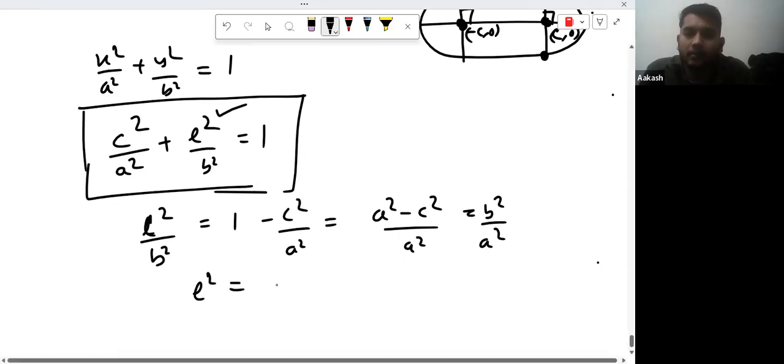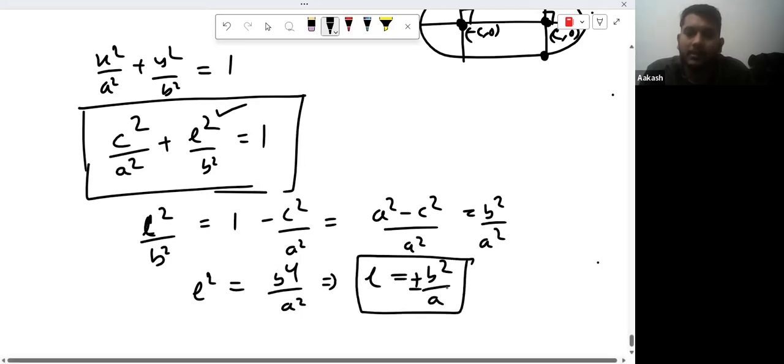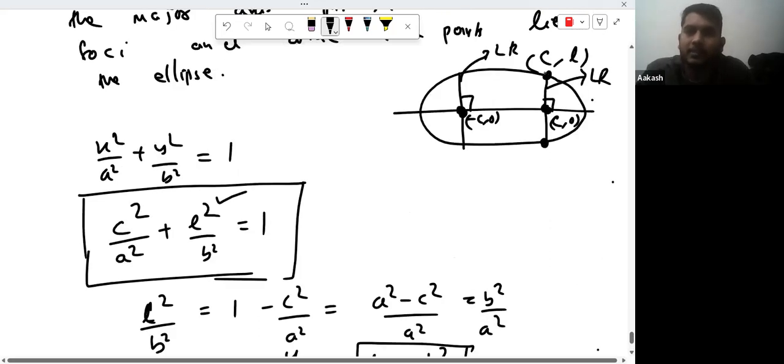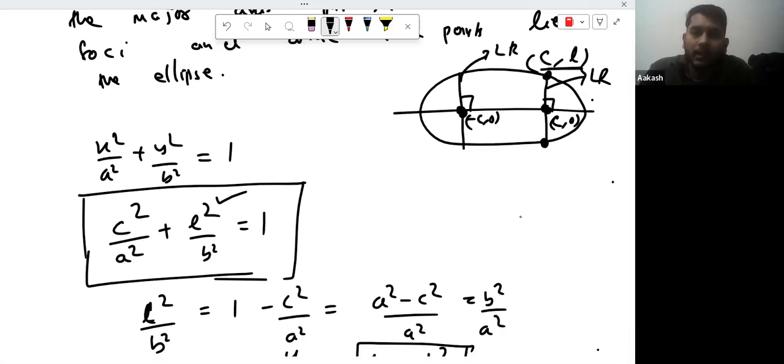So L square is b to the power 4 upon a square, so L is b square by a. Or we can say plus minus b square by a, because there will be a negative also. This line is passing through c comma L and c comma negative L also. So the endpoints of the LR are c comma b square by a and c comma minus b square by a. So what will be the length of LR?